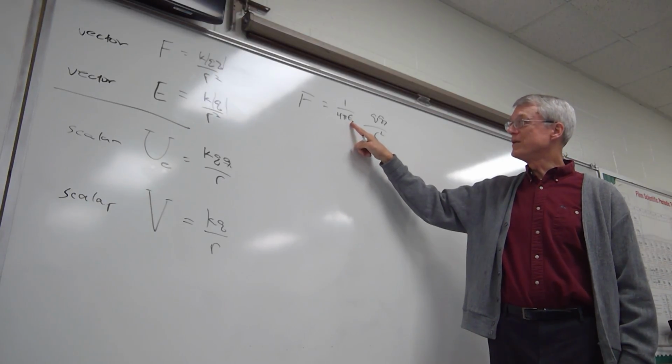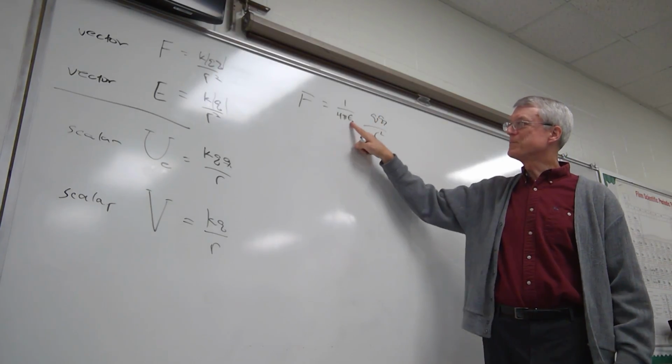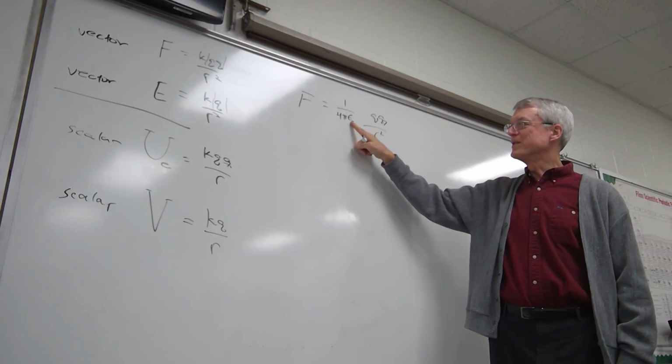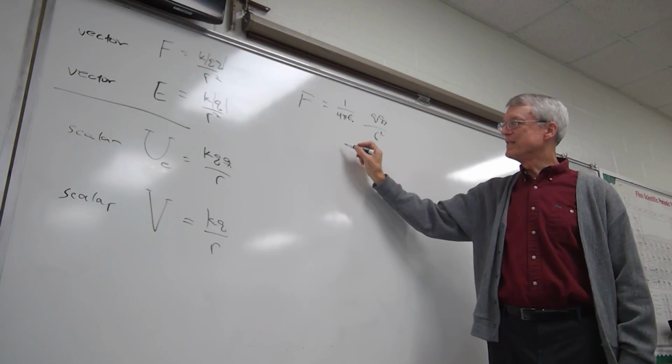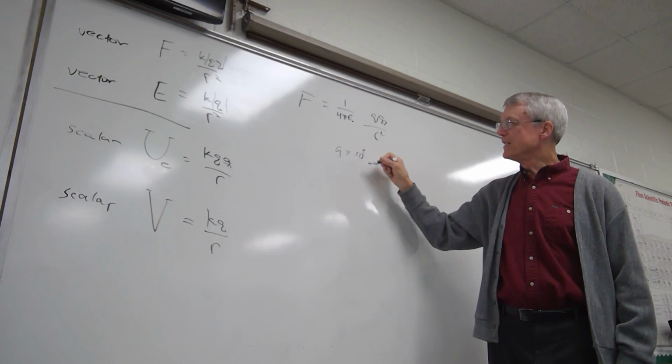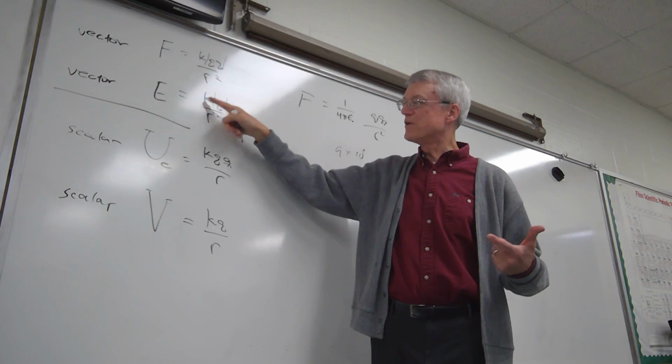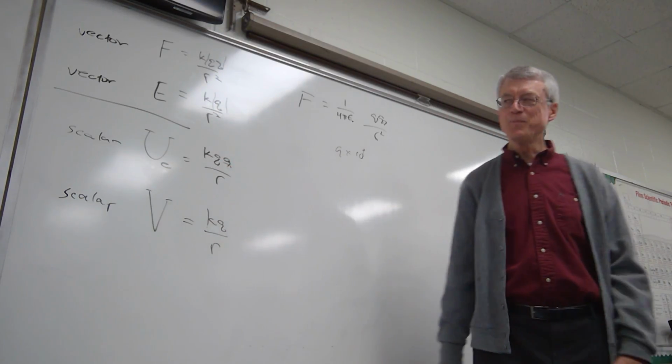And what I told you then was, because epsilon's a constant, you can look it up, 1 divided by 4 pi epsilon would be 9 times 10 to the 9th. That's what you would get. And so we just called that K. And in Physics 1, the College Board also calls it K. It's simple.